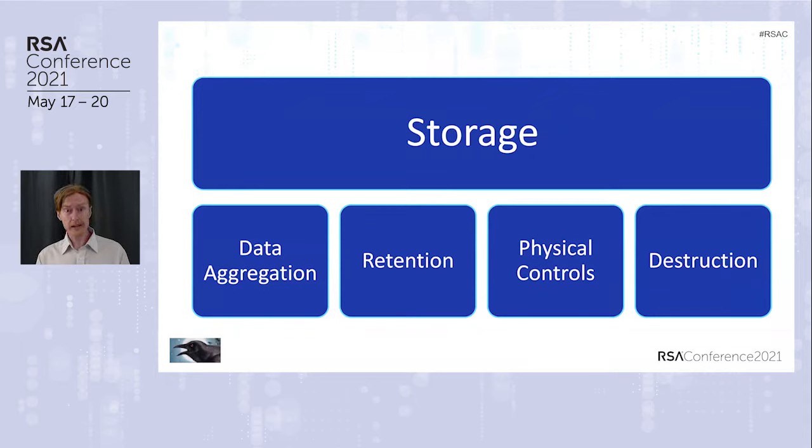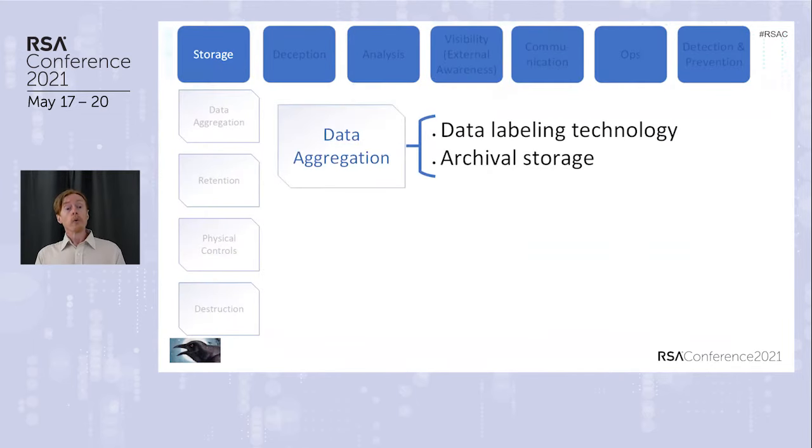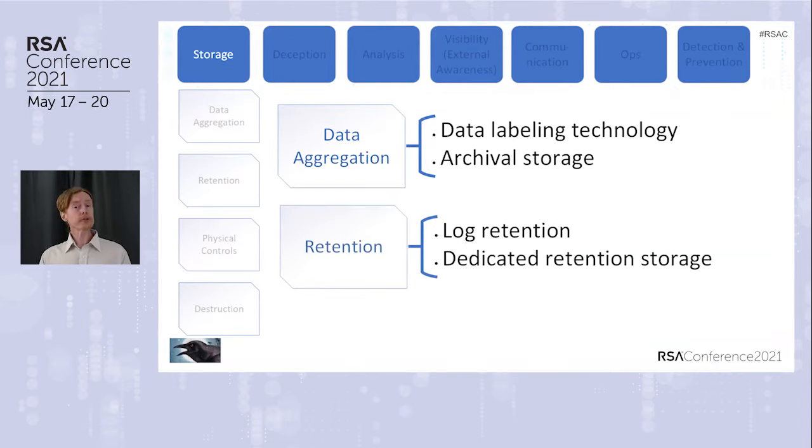With all this data that we need to actually investigate, we need ways to be able to store that for the long term. One aspect of this is the idea of aggregation. And there may be certain data which references specific types of information that your organization needs to store or label in precise ways. There are usually legal statutes which require that you protect, say, personally identifiable information in a specific way.